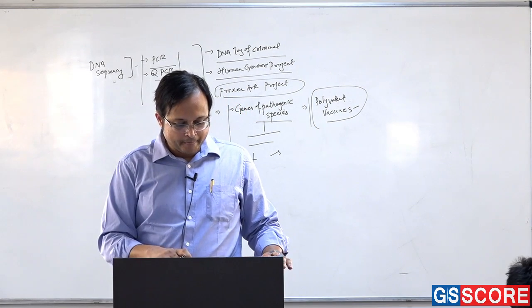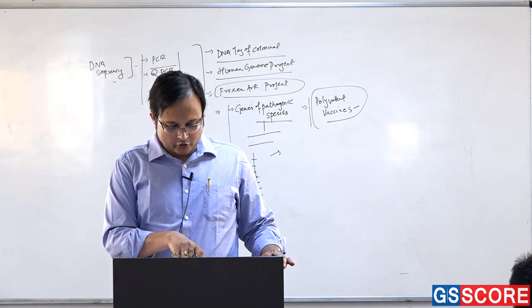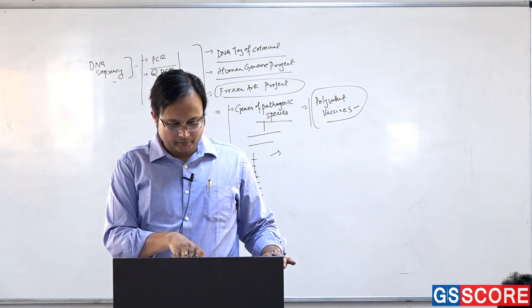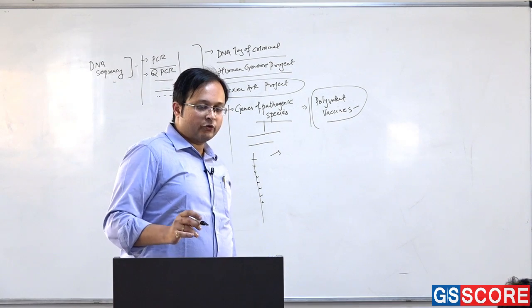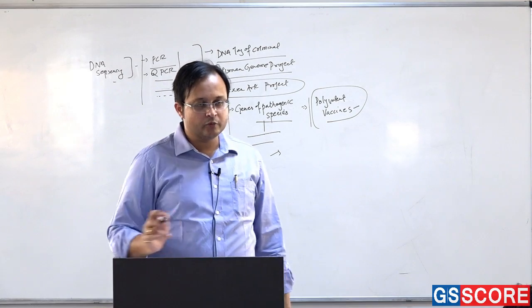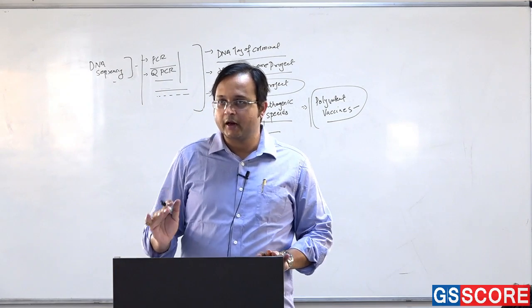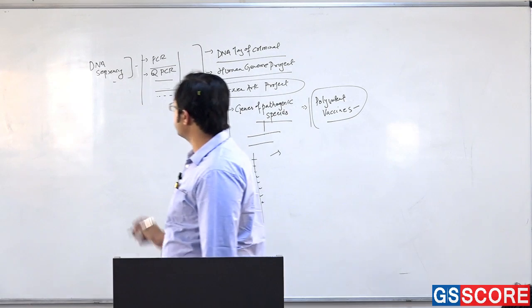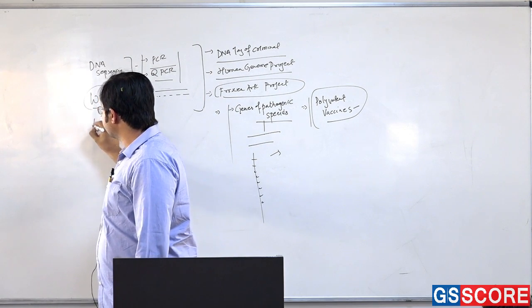Not necessarily done. Then the transgenic rice with reduced arsenic accumulation. A rice variety has been generated which can reduce arsenic accumulation. Earlier, if we look at West Bengal, there was accumulation of arsenic in the paddy fields.